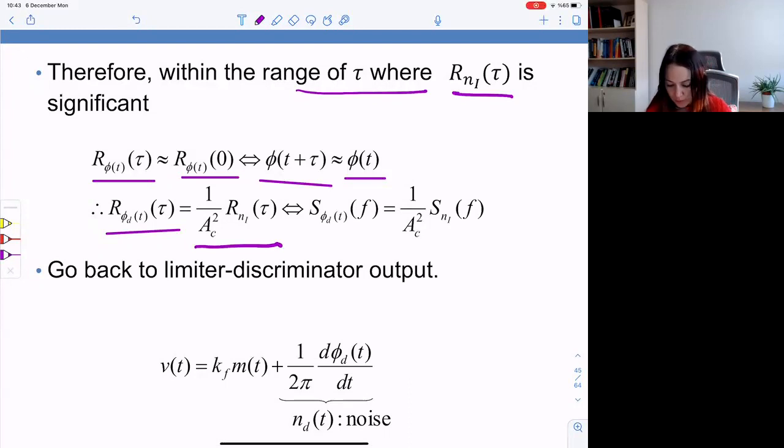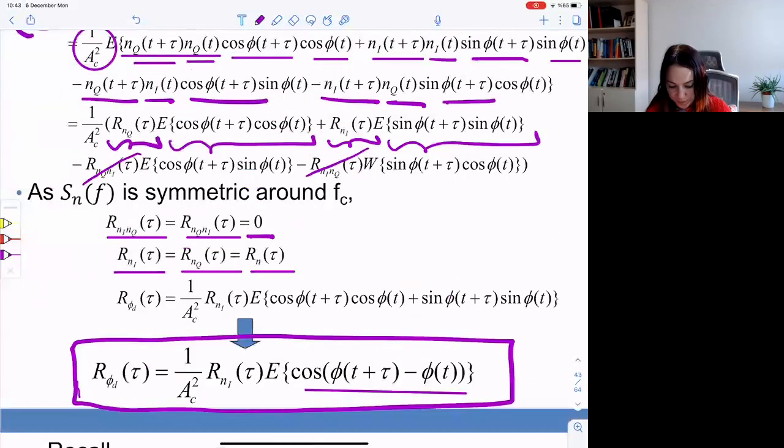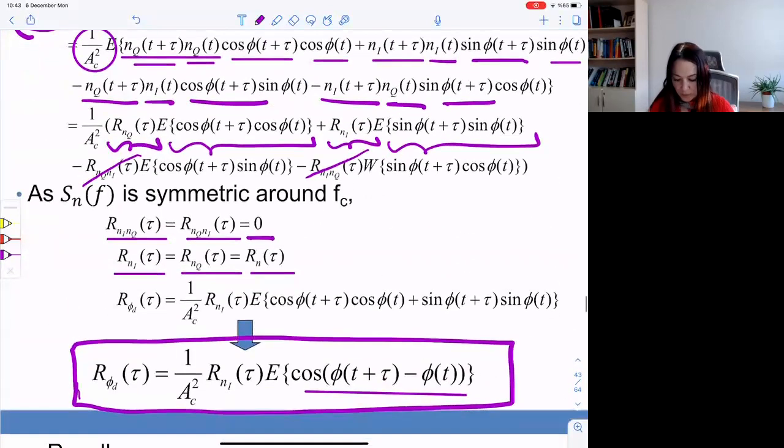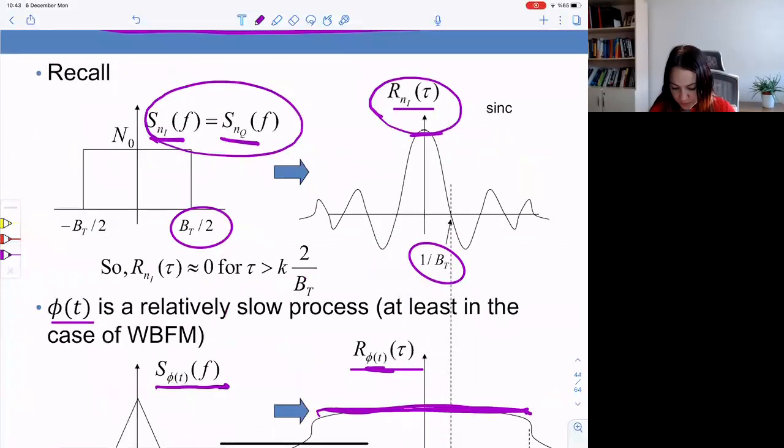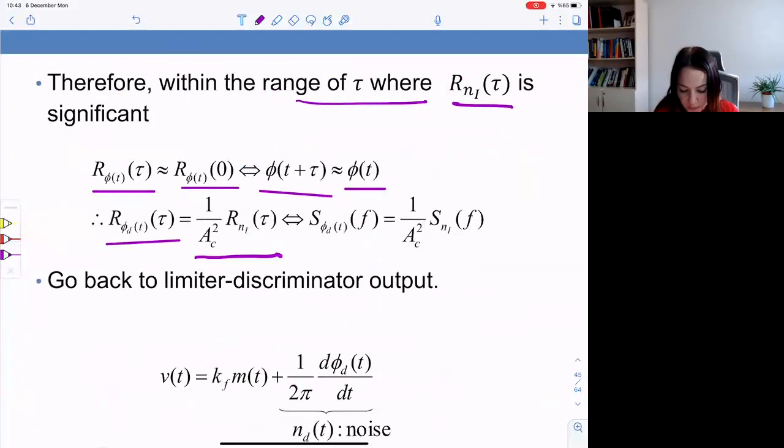So let's go back and see this approximation that we're doing one more time. We're basically saying that R phi d is approximately equal to Rni.